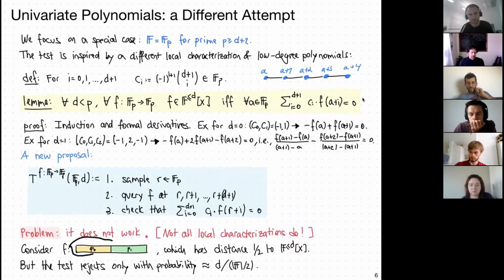Let's take some low-degree polynomial P0 and write it on the first n/2 coordinates. Then we can write a completely different polynomial of low degree, which has nothing to do with P0. We know that these polynomials are very, very far from each other. So this is very far from being a valid code word.